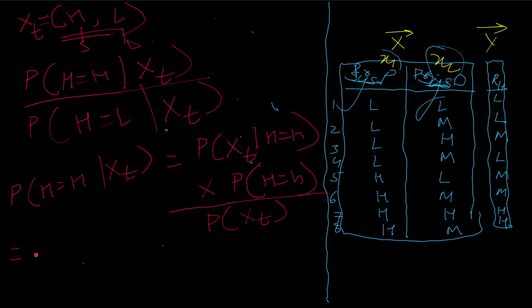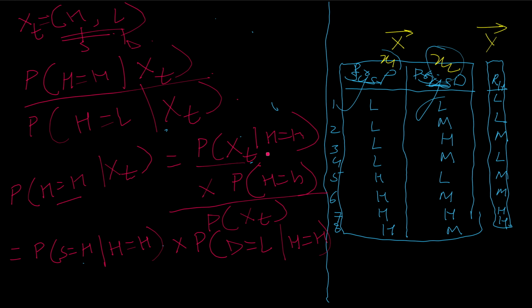So expand this. This is the probability of systolic is equal to high given your heart risk is equal to high, because we are computing it for high, multiplied by the probability of diastolic is equal to low given heart risk is equal to high.